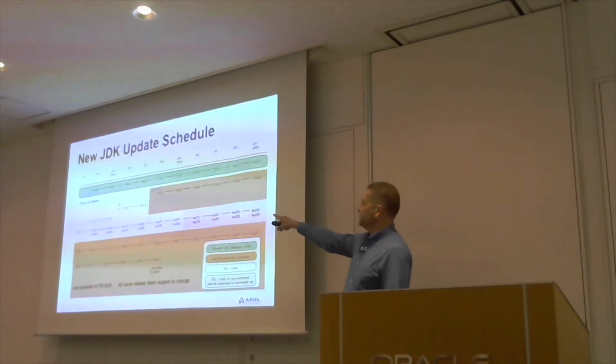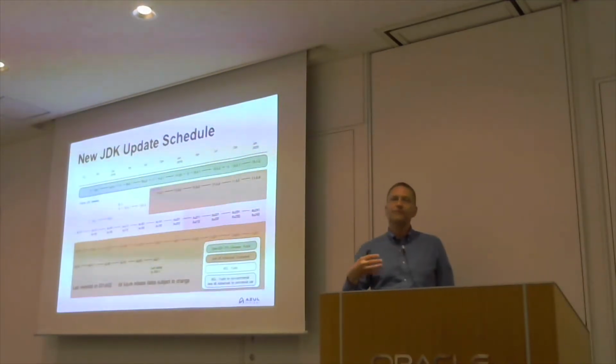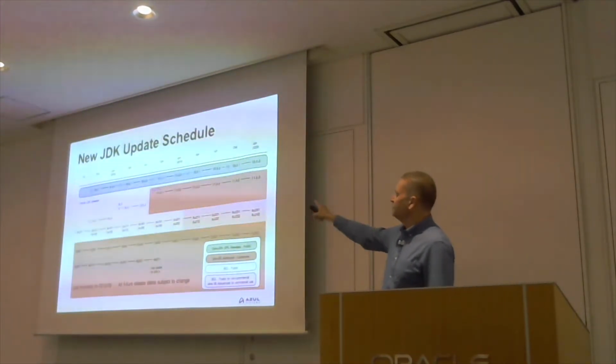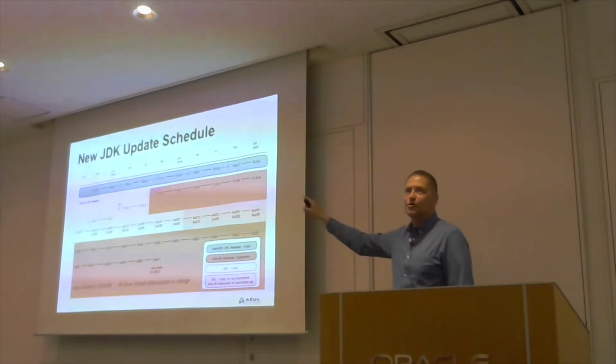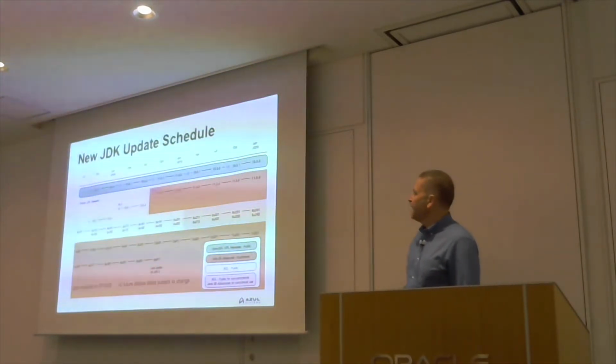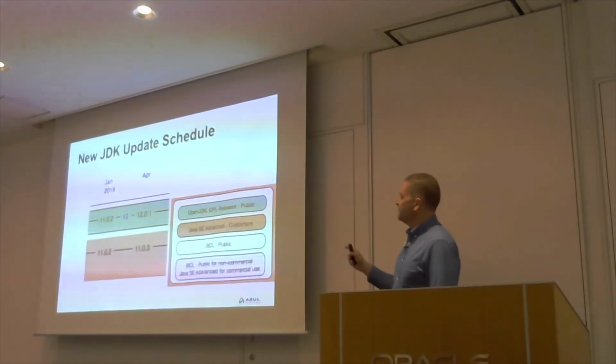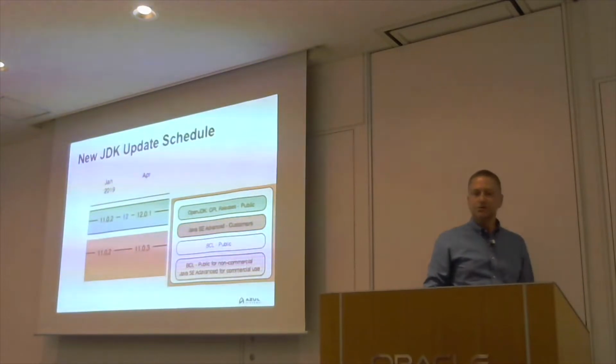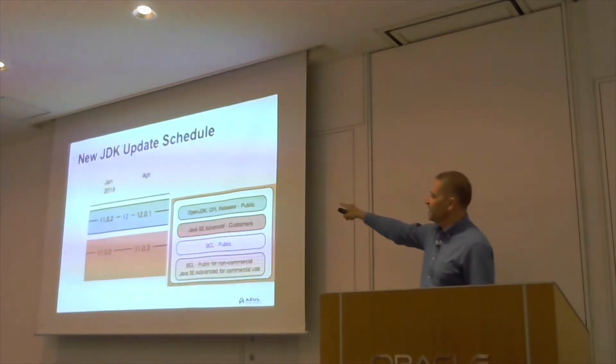JDK 8, as I say, public updates stop for commercial users as of January next year, and non-commercial users will still get updates. And again, if I zoom in on a couple of bits here, what we can see is that the orange bits, like I say, are only for Java SE Advanced customers. The green ones are the OpenJDK builds.